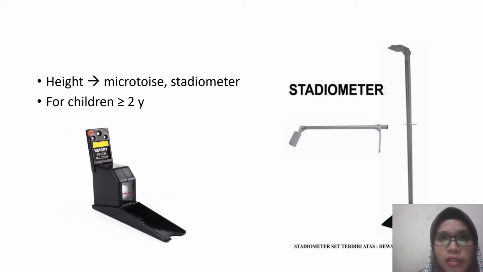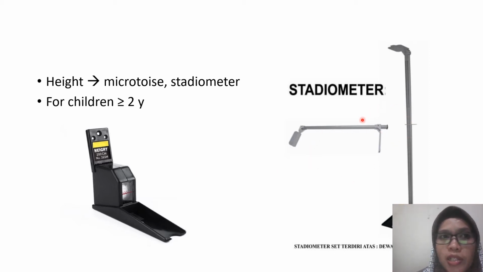This part hangs at 200 centimeters above the floor, and when this part is pulled down to touch the floor, the scale will show 0. It means that the microtoa is ready to use.